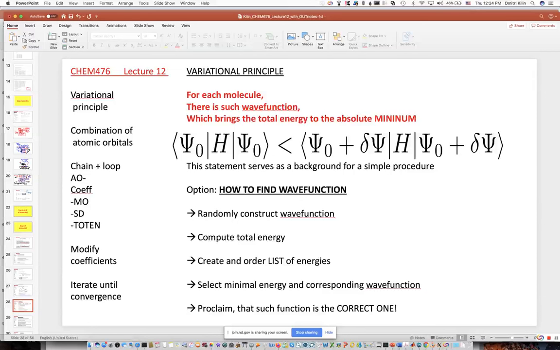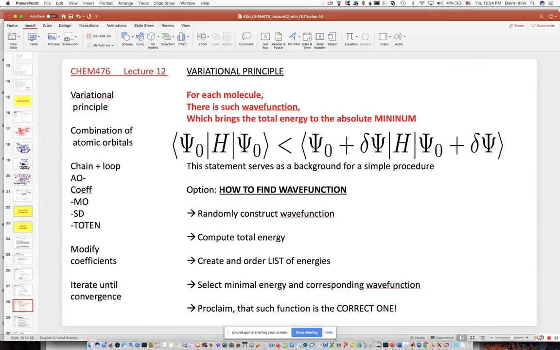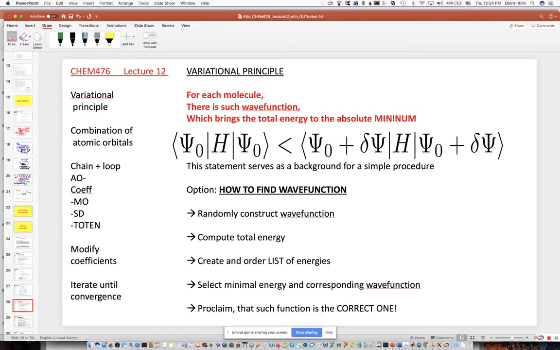Basically, it is the same idea as we already practiced in the optimization. If we know that the total energy in the minimum of potential is the lowest, any motion away from this potential will increase the energy.